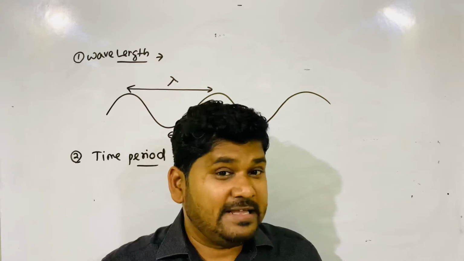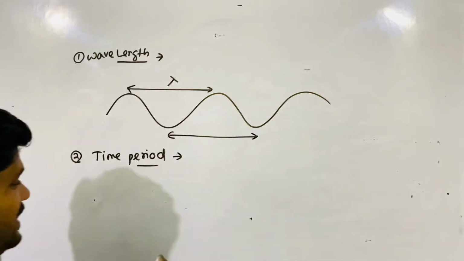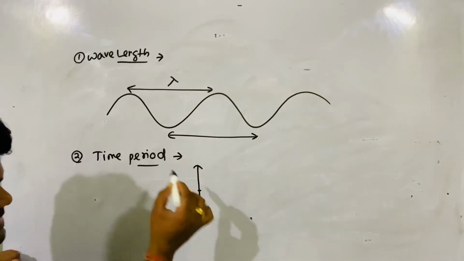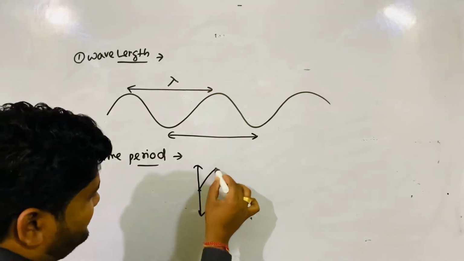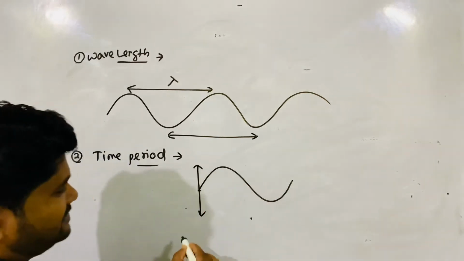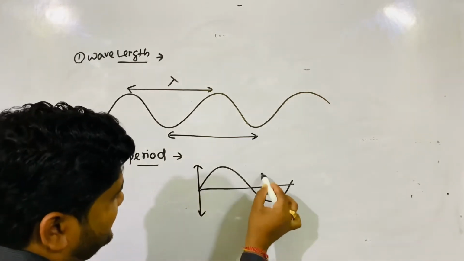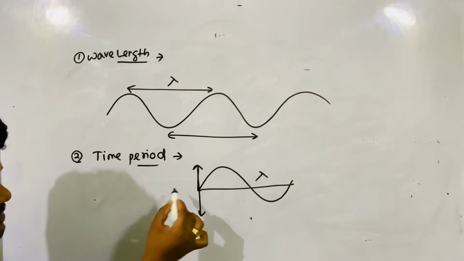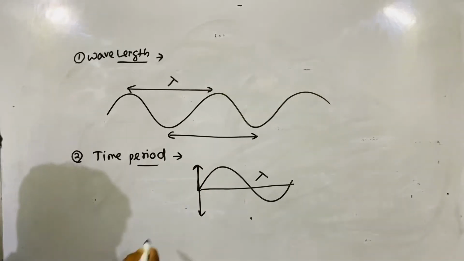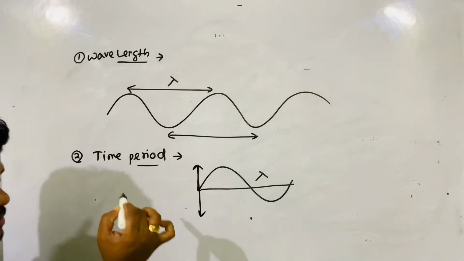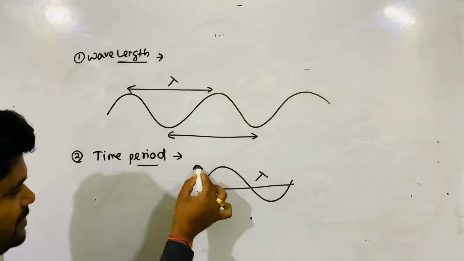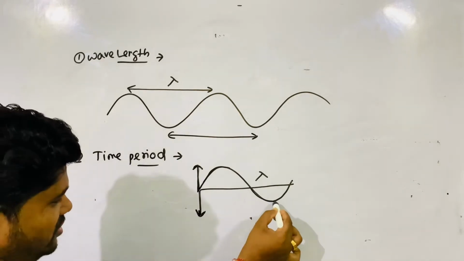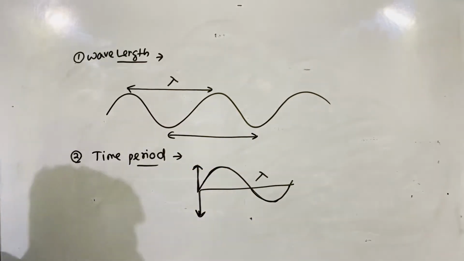But the important thing is, when the particle completes one oscillation, the wave travels how much distance? Lambda distance. The particle goes to the uppermost position, which is the crest, then to the lowermost position, which is the trough, then to the equilibrium position.